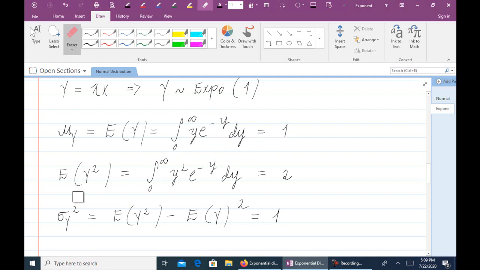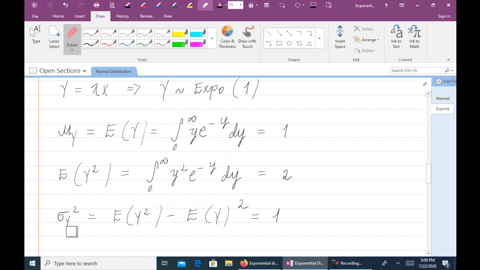Now, to get the variance, we need to first find the expectation of Y squared, which is the integral from 0 to infinity of y squared e to the negative y dy. Again, e to the negative y is the PDF for Y, and again you can calculate this integral by using integration by parts, and what you're going to get is 2.